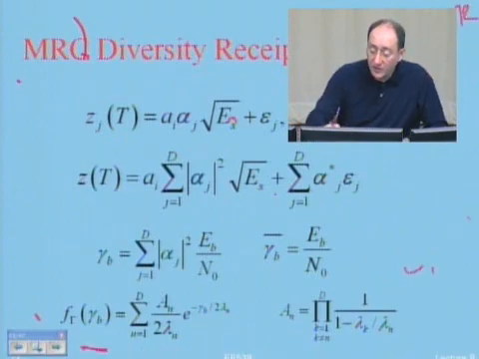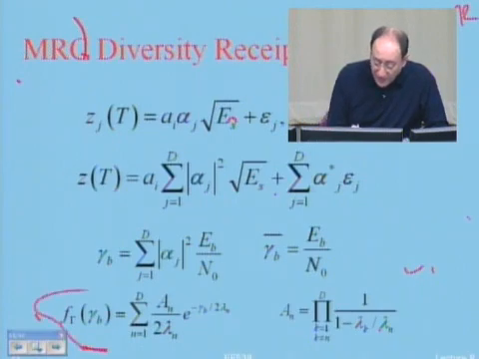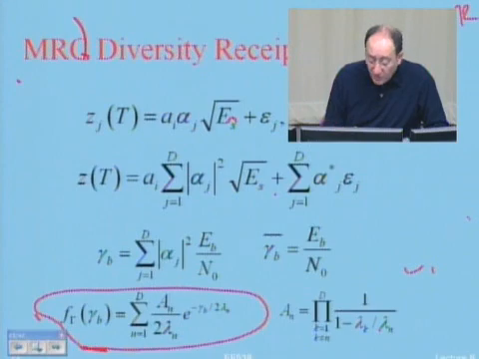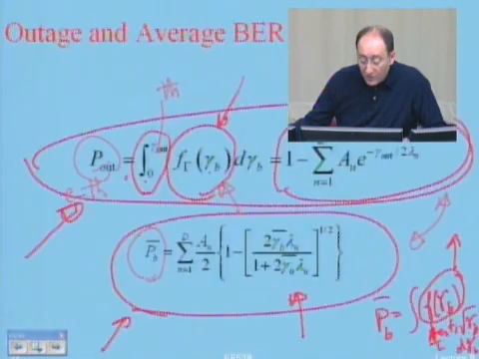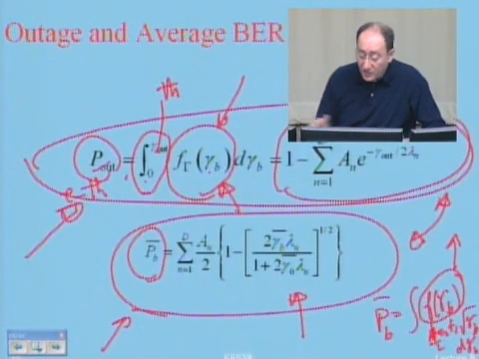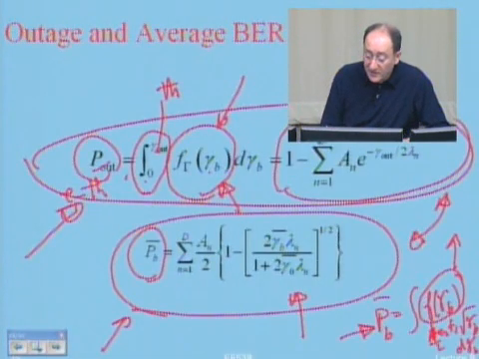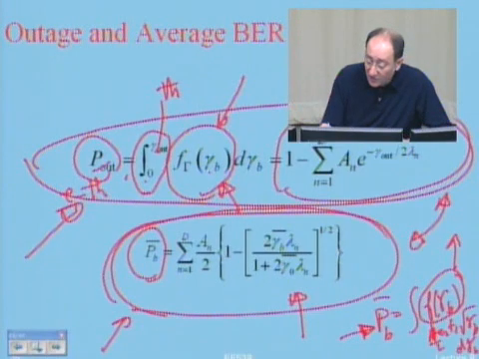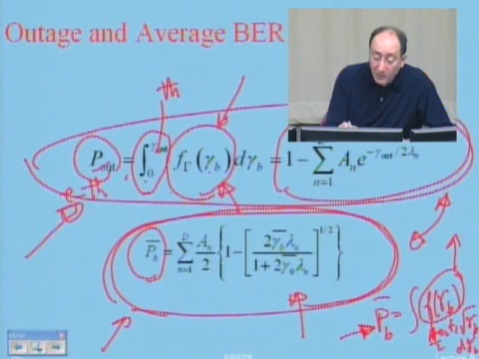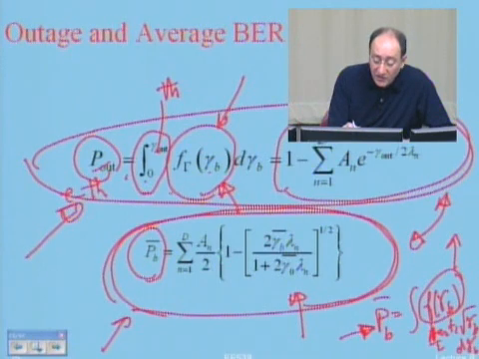First I came up with this distribution function for received signal to noise ratio. Then I took the average probability of error for binary PSK over that distribution function. That's what I got. And then I got probability of outage, which is the integral between 0 and gamma threshold of that.